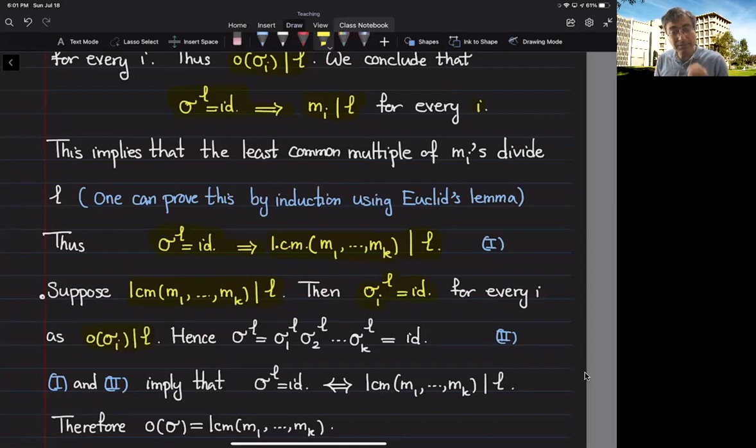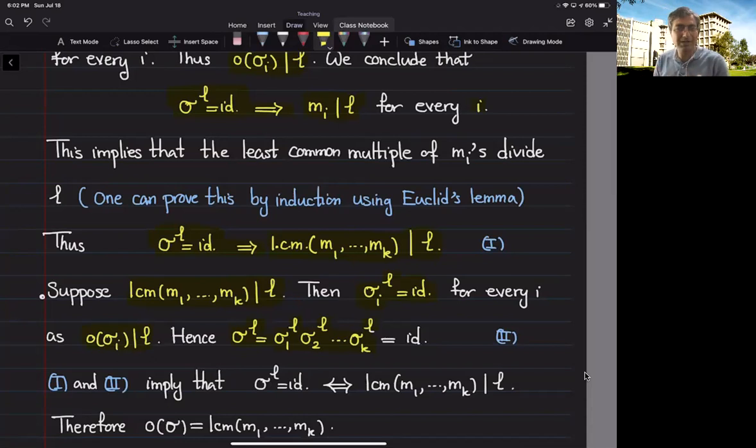Now, sigma sub i's are disjoint cycles. Because they are disjoint, they commute with each other. Because they commute with each other, I can take their product and raise it to power L. I can reorder them, and I can deduce that sigma, which is sigma 1 times sigma 2 up to sigma k, to power L: I can reorder them and raise each one of these sigma i's to the power L and then multiply them.